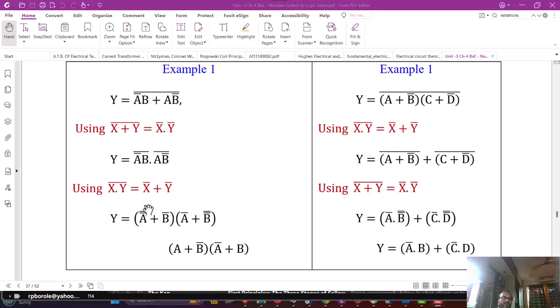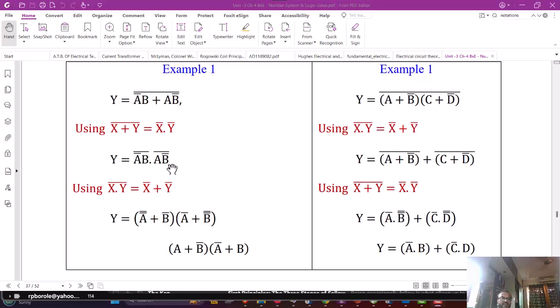So this complement operation is converted to OR operation. So what does it become? A complement of complement, or B complement. And the AND operation is now converted to OR operation.